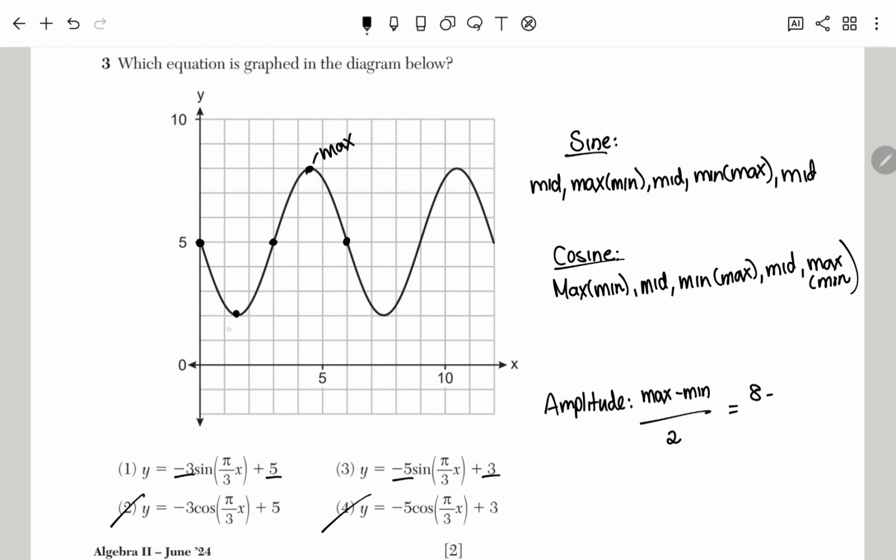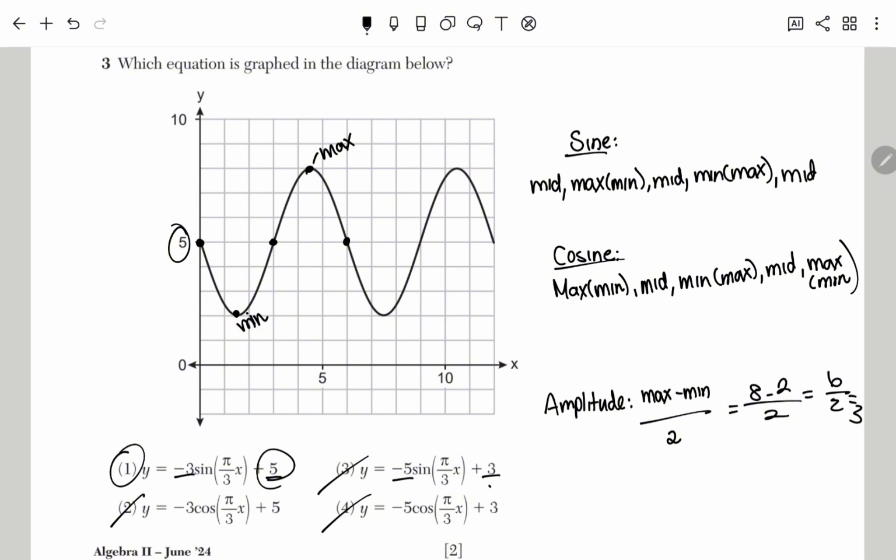Our minimum is 2. 8 minus 2 is 6, divided by 2, we get 3. So we know our amplitude is 3. So we can eliminate answer choice number 3. Answer choice 1 wins. Also, let's look at the midlines. This one starts at 5. So we know our midline is 5. Answer choice 1 again.